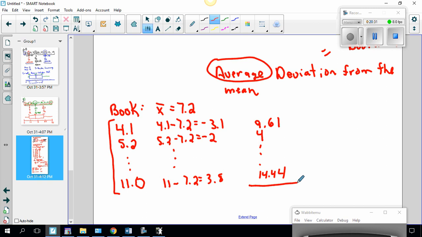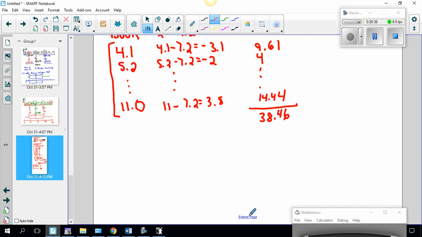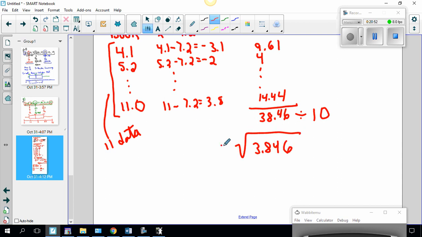Now they add all these up, 38.46, divided by 10, because we had 11 data, and we get 3.846, and you take the square root of that, and that's the standard deviation, which is, I don't know.